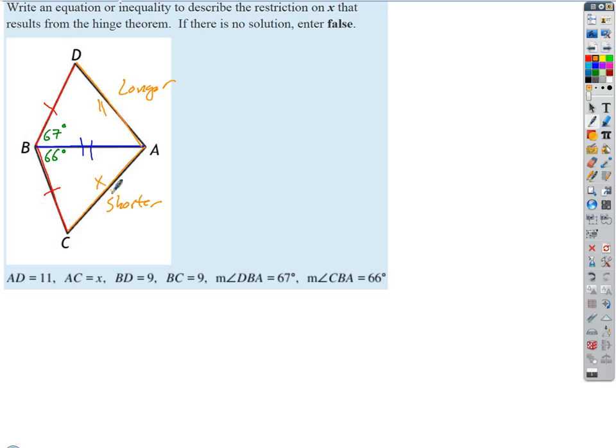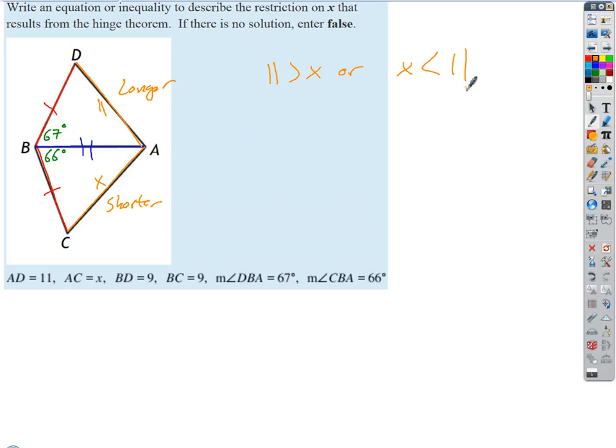How do I come up with an inequality that's going to put some restriction on x then? What do you think? 11 is greater than x, right, 11 has to be greater than x, doesn't it, if that rubber band is stretched more. So 11 is greater than x, or another way of saying that would be x is less than 11, okay?